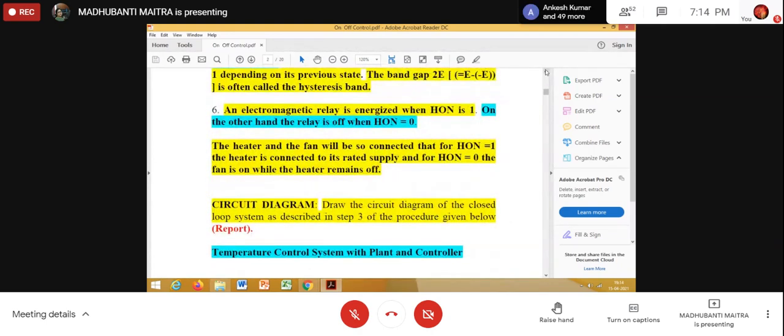So when the Schmitt trigger generates 1, the coil of the electromagnet will be energized. And the relay will be de-energized when H on is equal to 0.